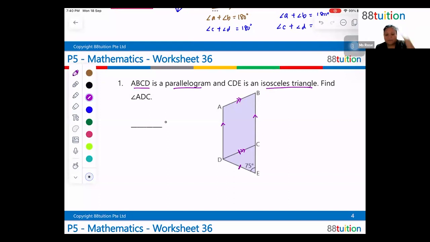So since this is an isosceles triangle, angle DCE must be equal to angle DEC, which equals 75 degrees because it is an isosceles triangle.